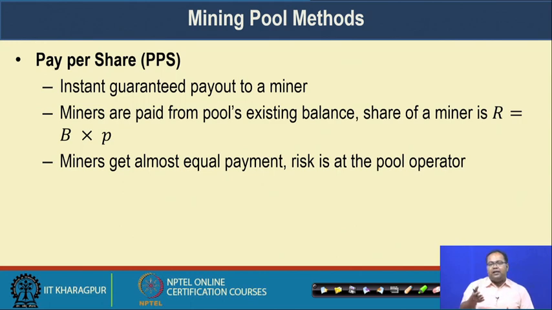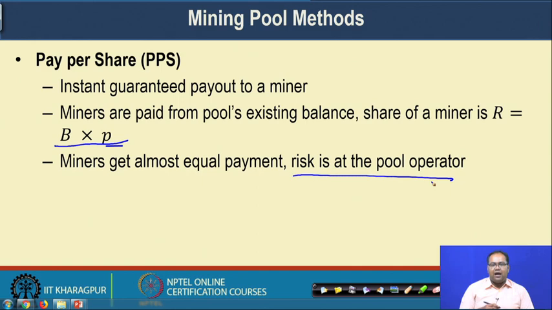Whenever a miner joins the mining pool, you pay the miner from the pool's existing balance, and the share of the miner is calculated as B times P. So, this constant amount of money is given to every individual miner who is joining the pool, and in this architecture the miners get almost equal payment, but the risk is at the pool operator.